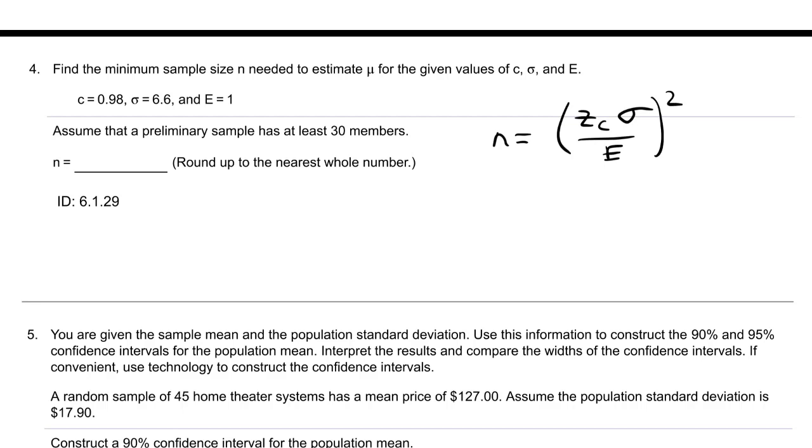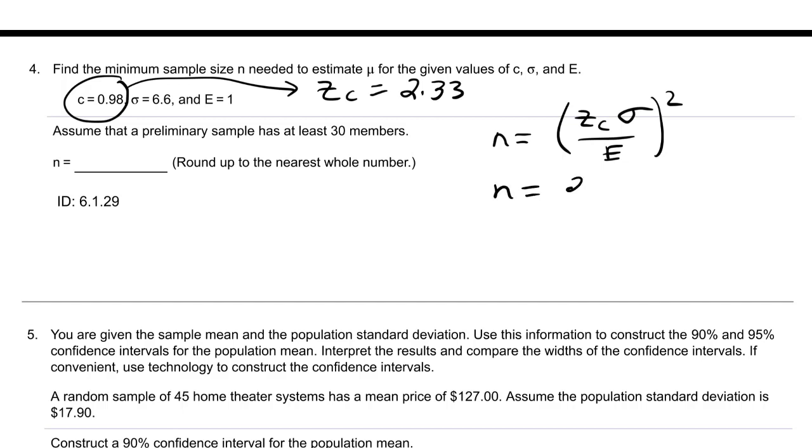So if I just calculate the critical value of z times sigma over e, and square it, I should get a value for n. So we saw previously that a c value of 0.98 gives us a critical value of 2.33.